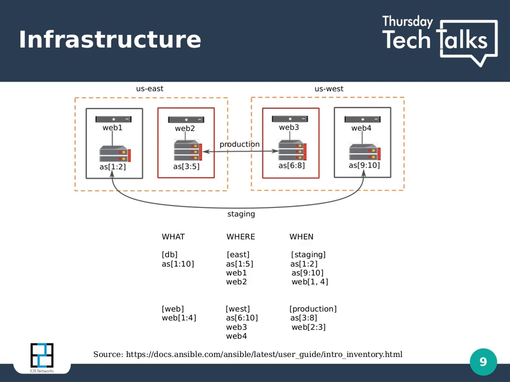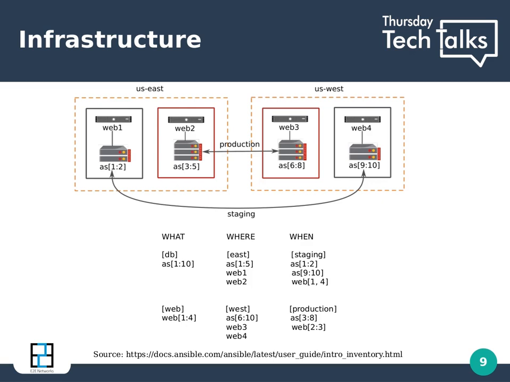And the third aspect is what is the purpose or when do you want to use this infrastructure? So it could be a staging environment or it could be a production environment. So at a high level, you should have a very good picture about your infrastructure in terms of the different components that comprise that, where are you hosting them, and when do you want to use them.